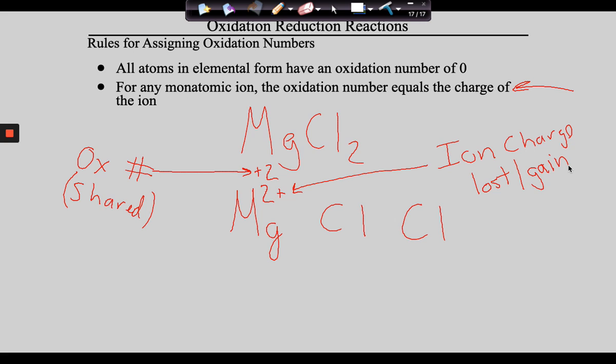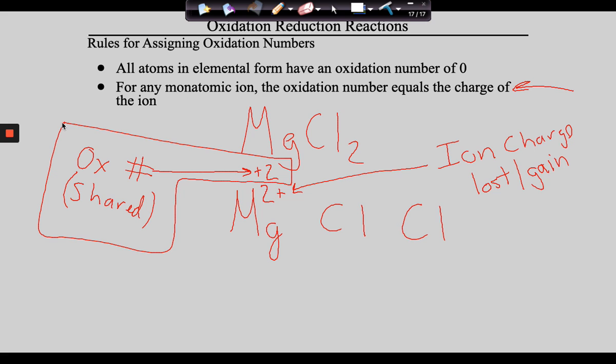And guys, when you get to university, you are going to have professors that will not let you do this haphazardly. If you have an atom that is in a covalent bond, that is electron sharing, that's an oxidation number, and you've got to put the charge first and the number second.